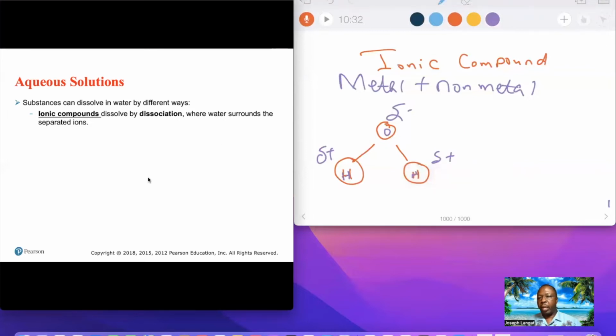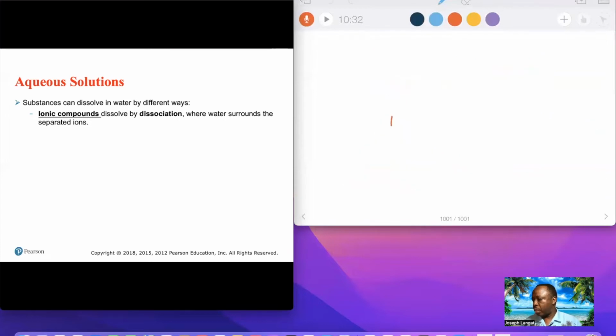Let's say an ionic compound such as sodium chloride will dissociate into sodium ion and chloride ion.